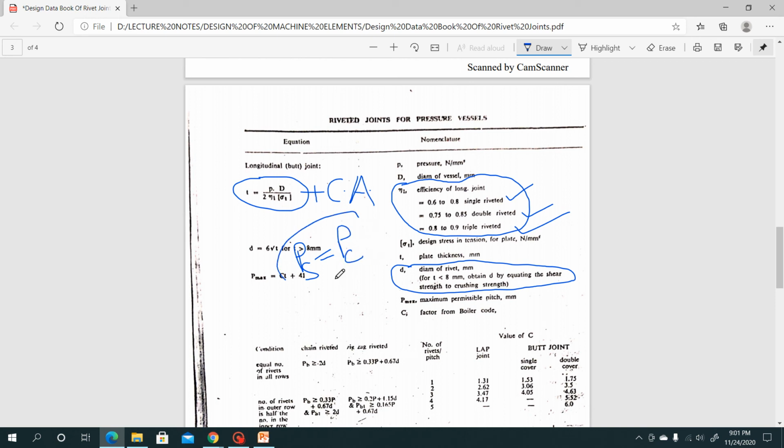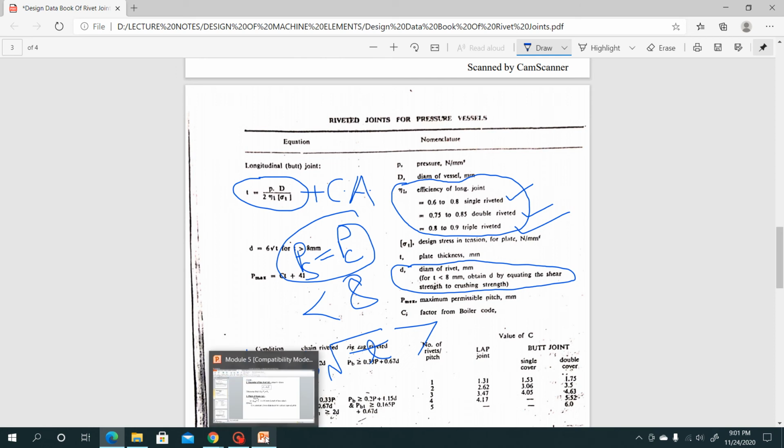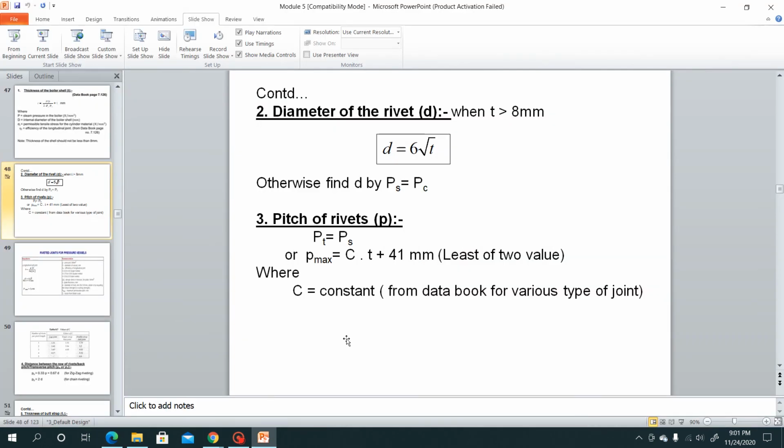This is the case when thickness is less than 8 mm. And this is the case d is equal to 6 root t when thickness is greater than 8 mm. Is it clear? Any doubt?